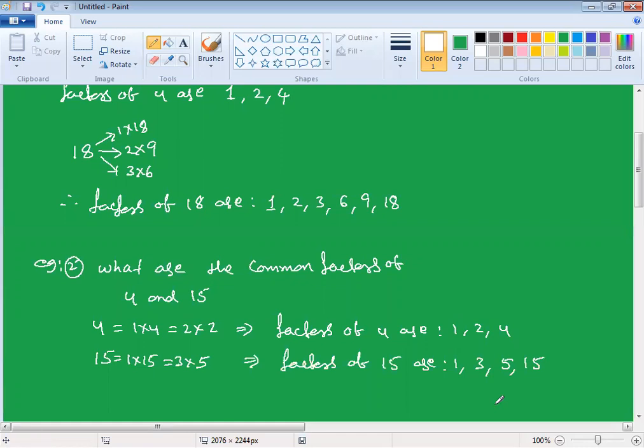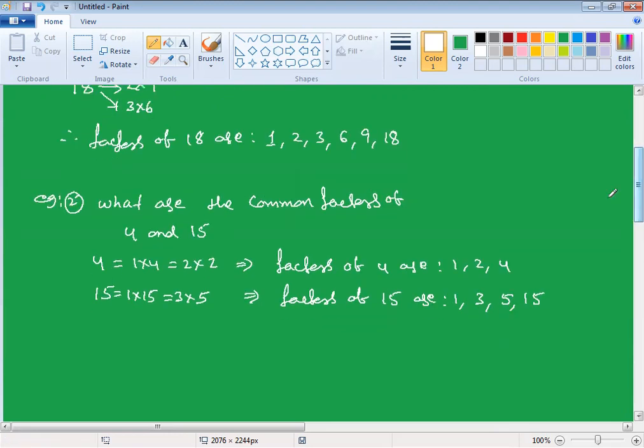Now what are we going to find? The common factor. Let us check how many common factors the numbers 4 and 15 have. Here 1 is there, here also 1 is there, so one common factor we got. 2 is there, but there is no 2 in the other. 3 and 4 are not common either. So the remaining are not common factors.